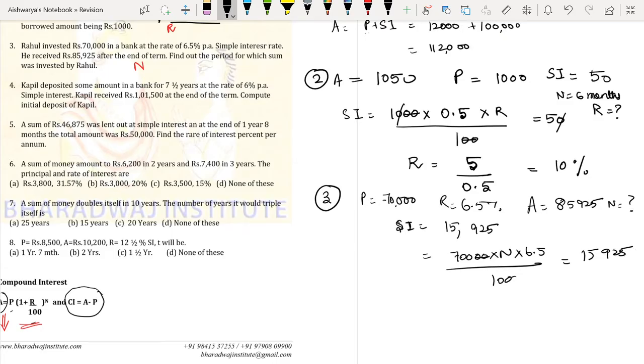So you can cancel these two zeros here. In the next step, N will be 15,925 divided by 700 into 6.5 on your calculator. Find out how much. Divided by 700 divided by 6.5. 3.5 years.